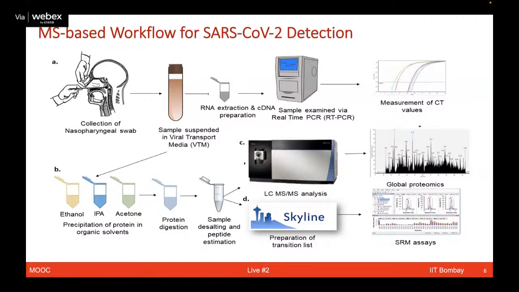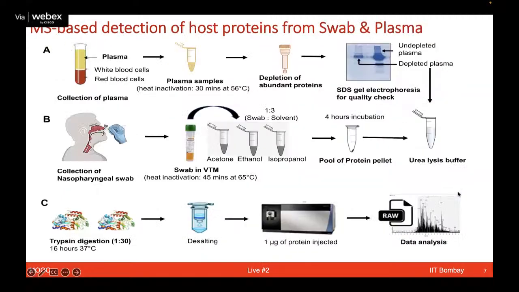Then the next goal was, could we try to detect those viral peptides alone and come up with some test for diagnosis. In the process of doing so, we also realized that we can take both swab sample and plasma sample to estimate what is happening in the host.